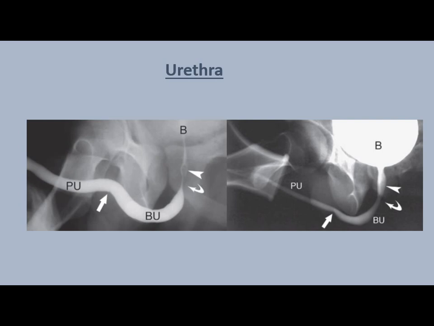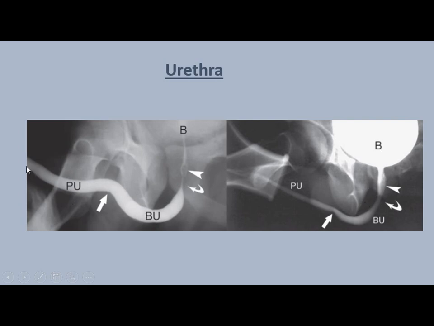Coming to the urethra, of course, we consider the male urethra. We have two types of imaging. The first one is retrograde urethrography, and the second is cystourethrography or antegrade urethrography.